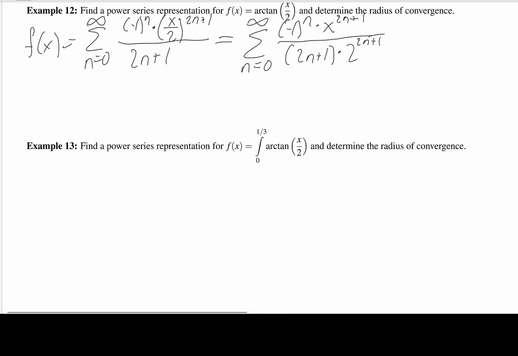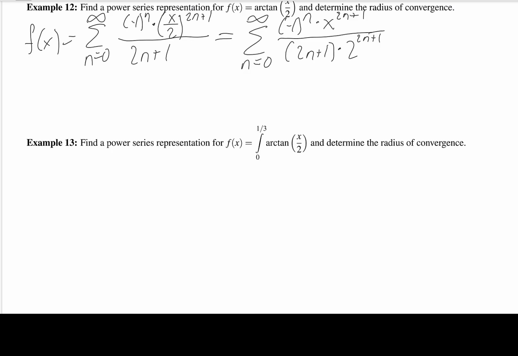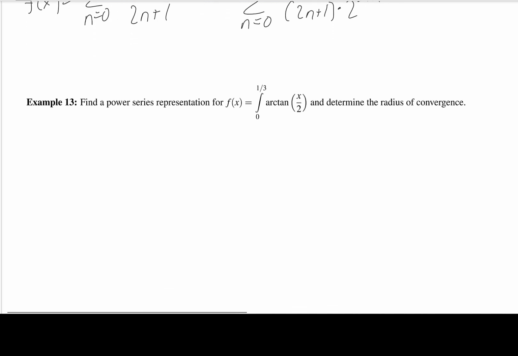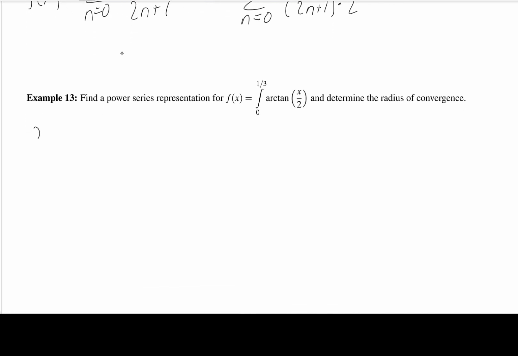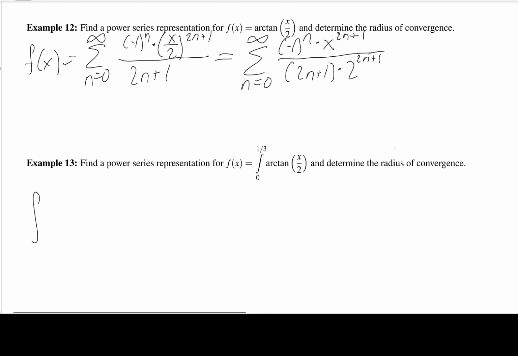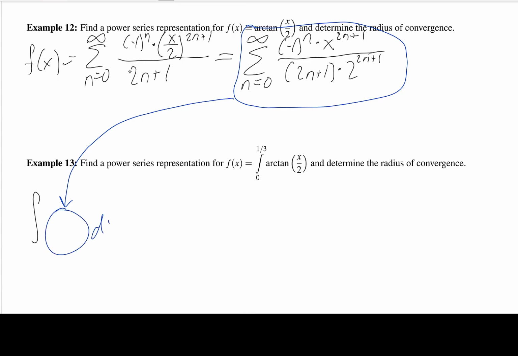All right, now example 13 asks us to do the definite integral from 0 to 1/3 of the function we just worked with. So first, let's just integrate what we had before. We're just going to plug that in down here, dx, and let's integrate it.